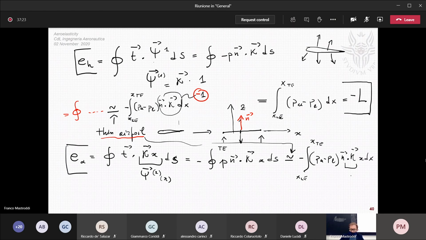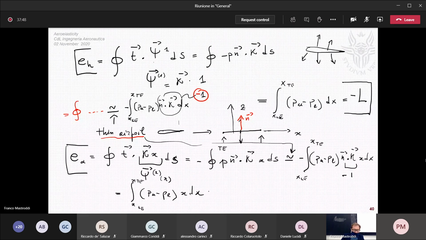This dot product is minus 1, and then we have that this second generalized force is actually the integral from the leading edge to the trailing edge of P upper minus P lower times x dx.